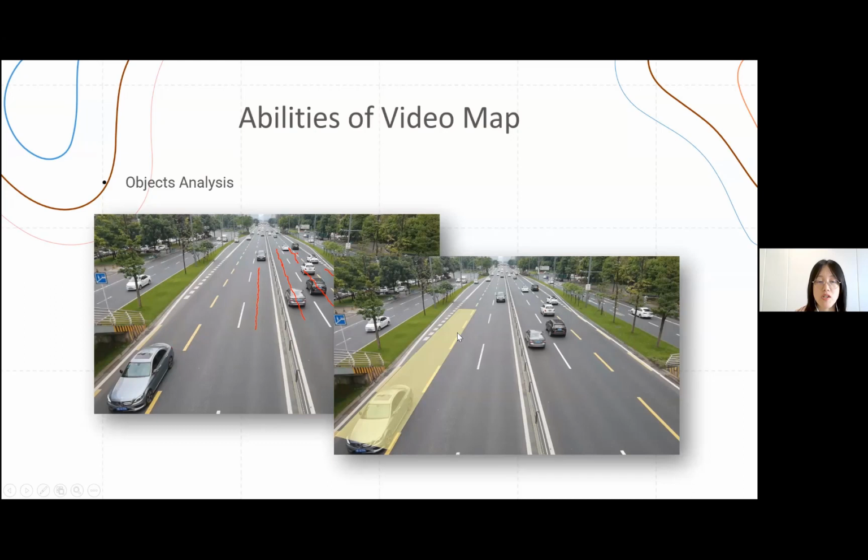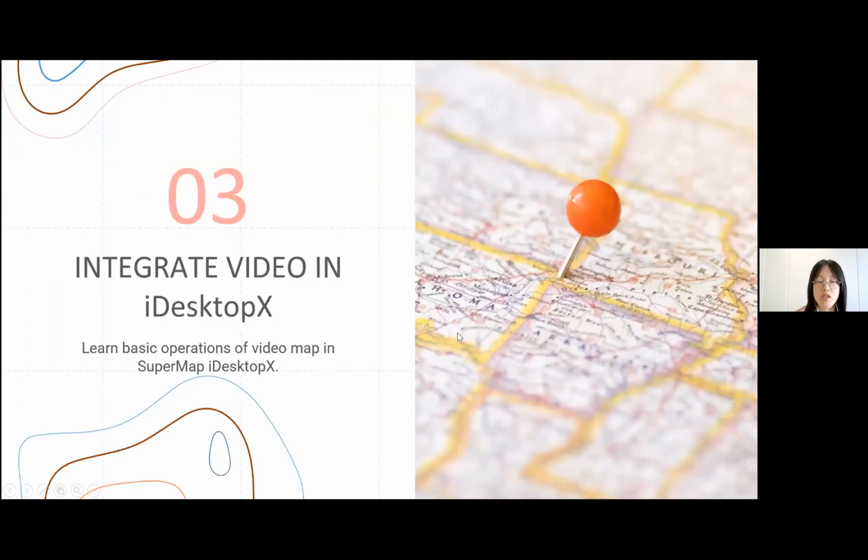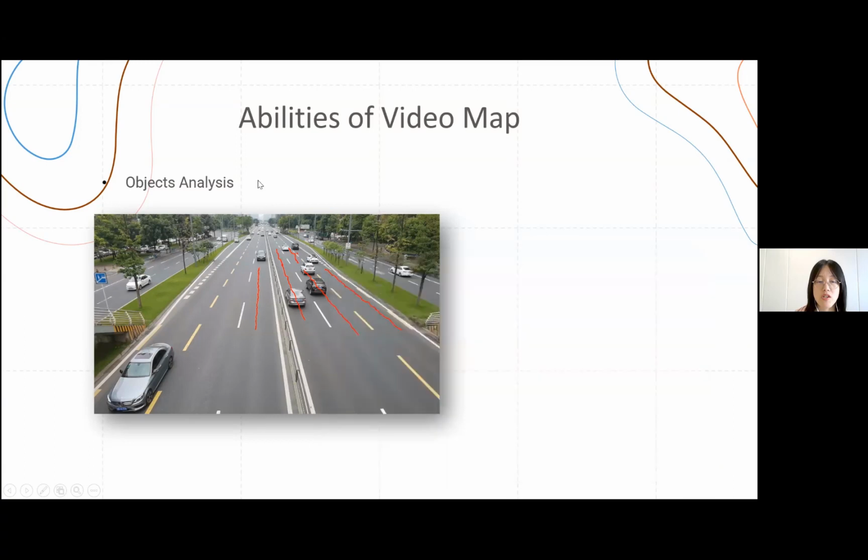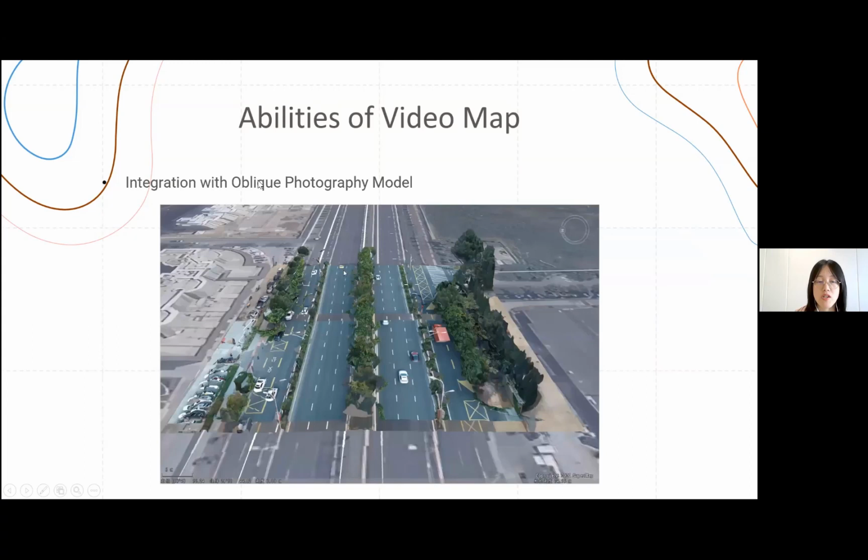And so that's all. Oh, sorry. And here's one thing to be clarified. Although we have a lot of great abilities for video map, if you are only using SuperMap iDesktopX, maybe you cannot get full abilities for object analysis, the integration with oblique photography model, or effect enhancement.